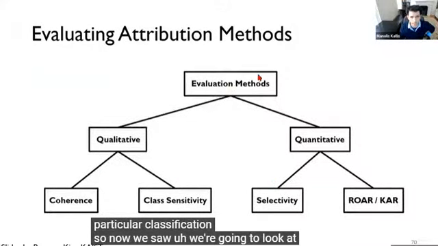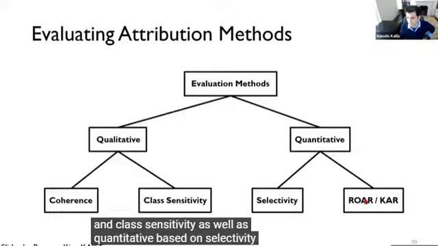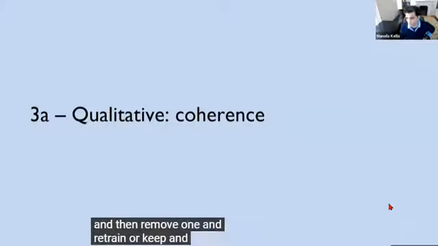We're going to look at evaluation methods that are qualitative, based on coherence and class sensitivity, as well as quantitative, based on selectivity, and then remove and retrain, or keep and retrain.